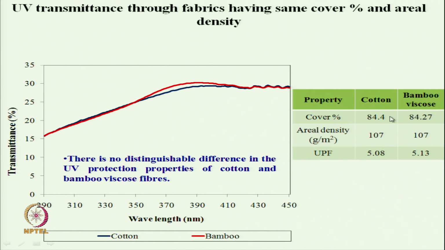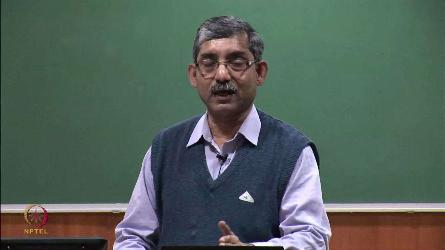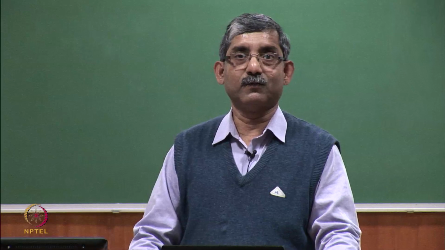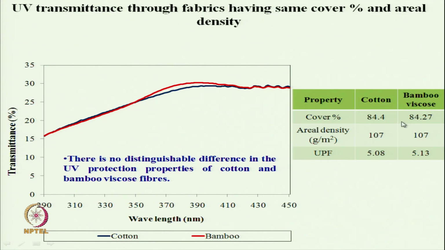In gray stage, we have arranged the ends per inch, picks per inch in such a fashion that after shrinkage, after washing, the fabric's cover percent becomes 84%. This we have done based on previous experimental result. If we know the shrinkage percent, we can manipulate the structure.